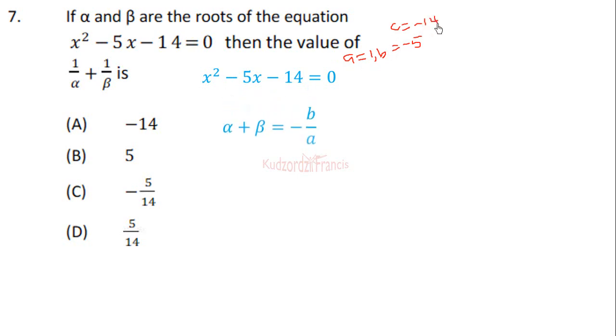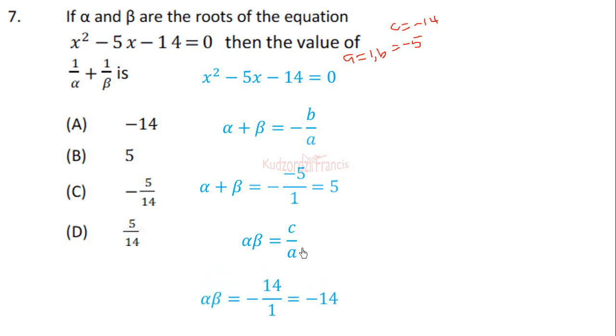So alpha plus beta, which is the sum of the roots, is negative b over a. Let's sub in to get negative negative 5 over 1, which is the same as 5. Then alpha beta is c over a, so negative 40 over 1 gives us negative 40. Therefore, 1 over alpha plus 1 over beta will be equal to this.